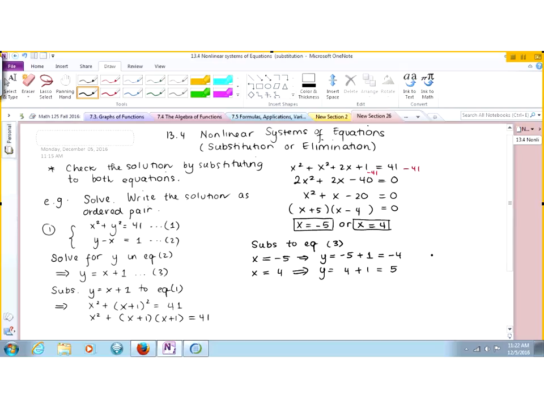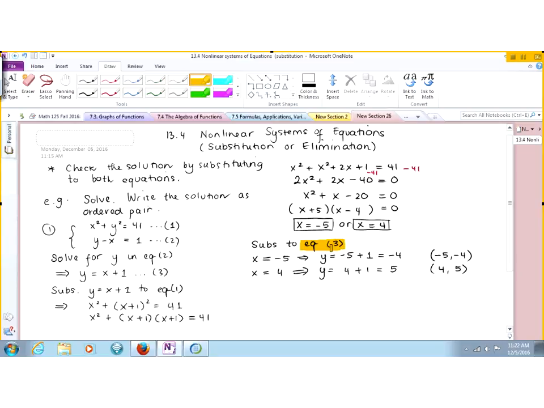So what are my solutions as ordered pairs? This one is negative 5 comma negative 4, and this one is 4 comma 5. And then you've got to check. Which equation did we use to get the y? Equation 3.